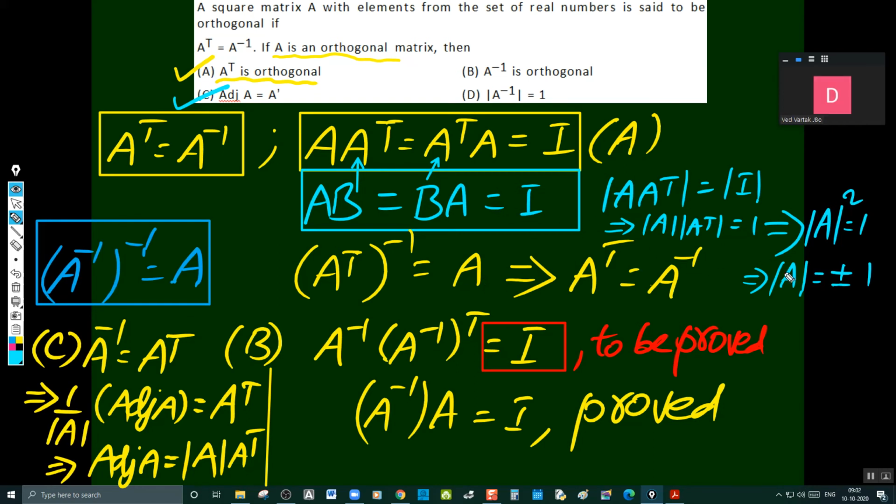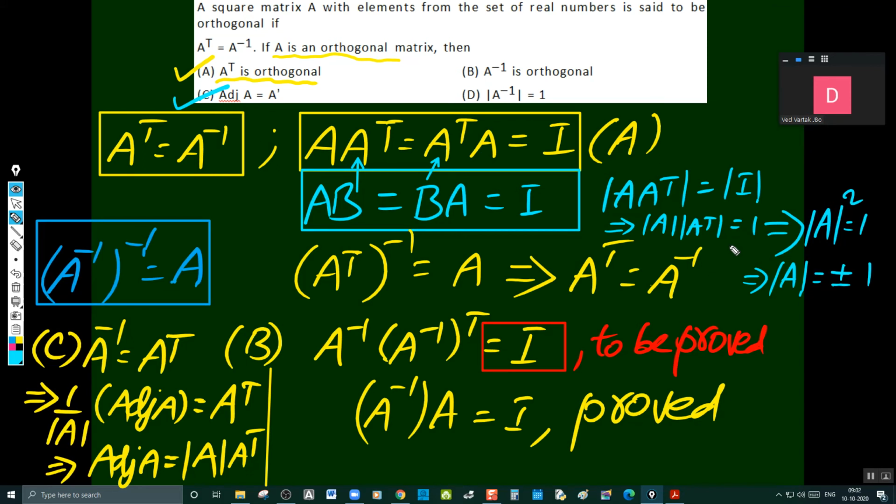Sir, how will the determinant of a matrix multiplication and the multiplication of determinants be the same? Det of AB is equal to det A into det B. But can we do the second step, where the determinant of AAT is separated like that in the next step?